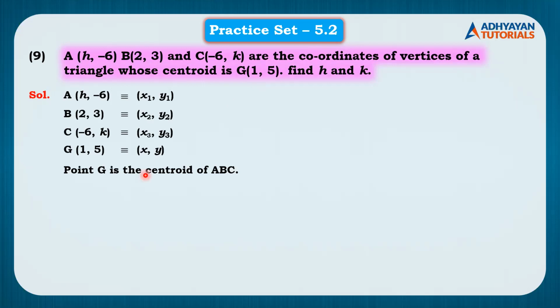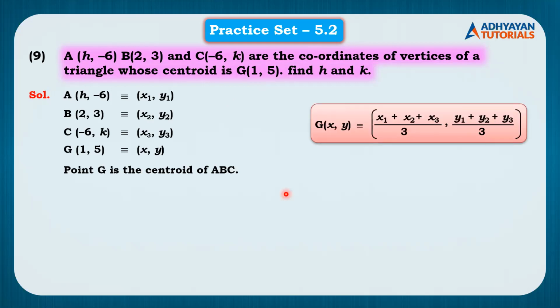So students, now understand one thing. We should know what the centroid formula is. We all know G(x, y) is nothing but ((x1 + x2 + x3)/3, (y1 + y2 + y3)/3). Keep saying this formula whenever it comes in the sum. Since we have to find the value of x1, why x1?